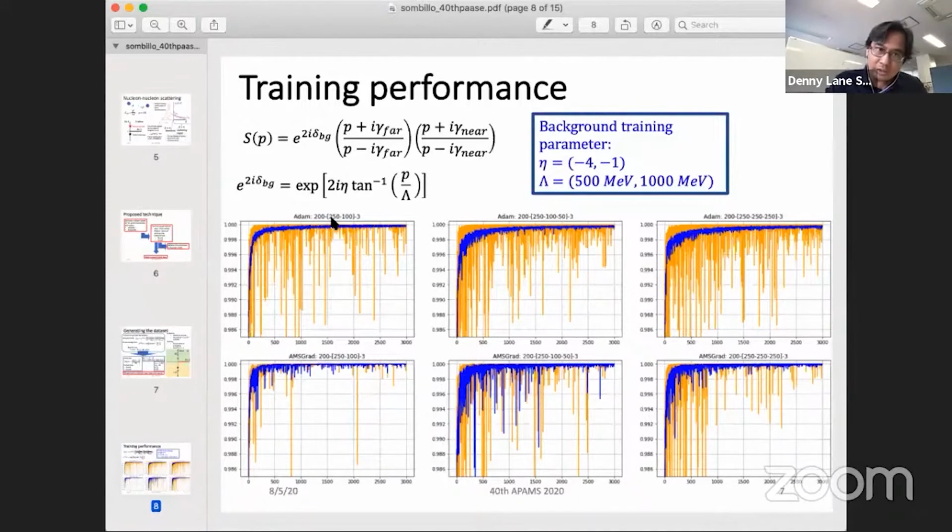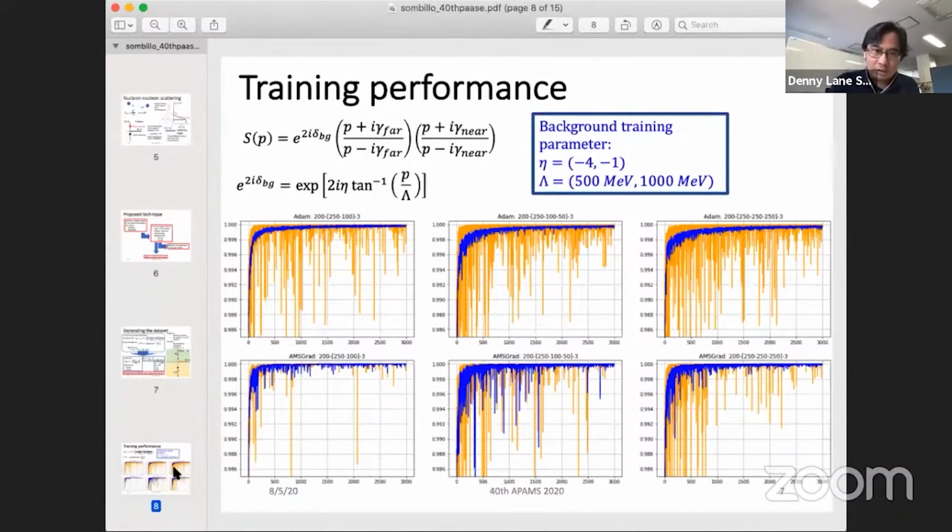In the hidden layer, we have 250 nodes for this model and 100 nodes for the second hidden layer, and then you have the rest. The names that you see here are the optimizers that I used to optimize the training. Okay, so these are the results.